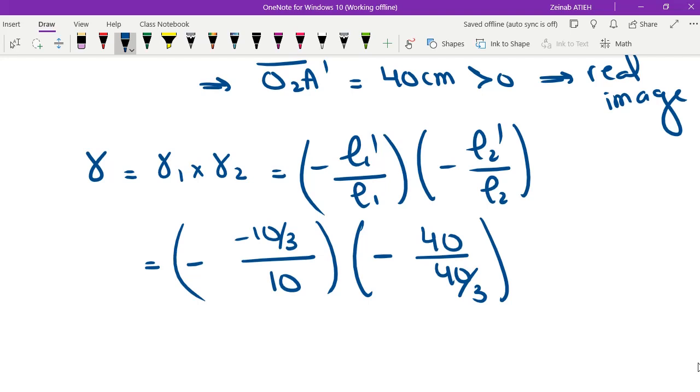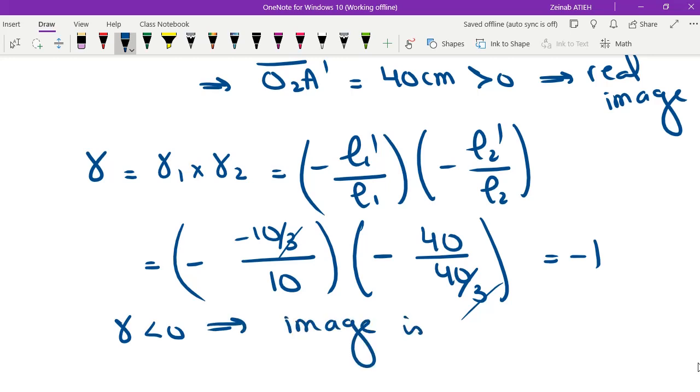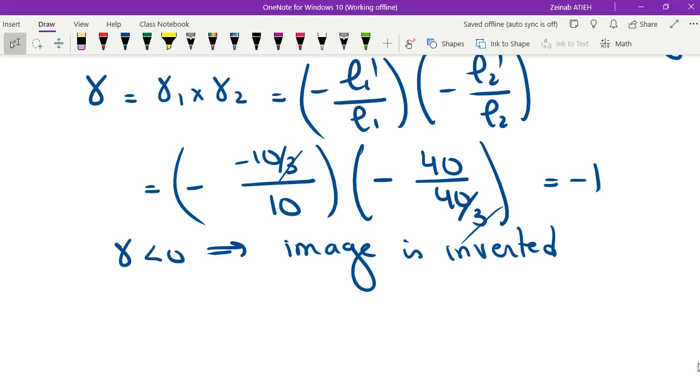Multiply these together. هيدا أكيد 3 مع 3 طارت، 10 مع 10 طارت، 40 مع 40 طارت، يبقى معي minus 1. Gamma is negative. This means that the image is inverted. بتطلع نزول. إذا كان ال AB لفوق، ال A prime B prime الفاينل image بتطلع نزول.